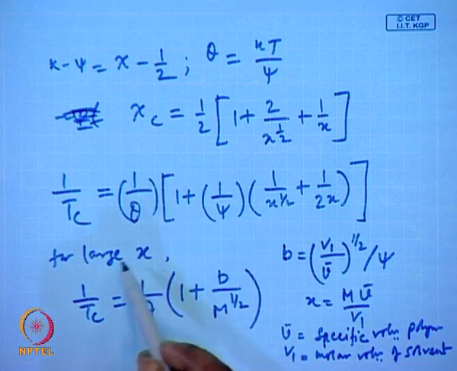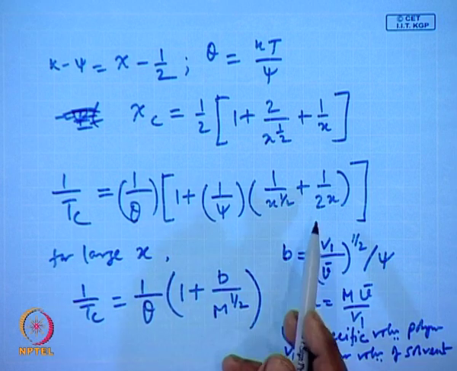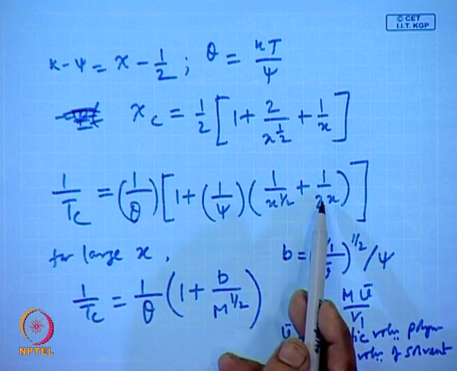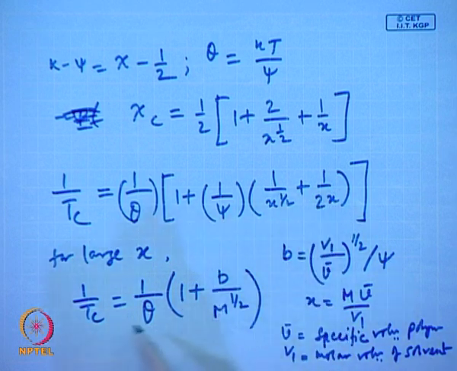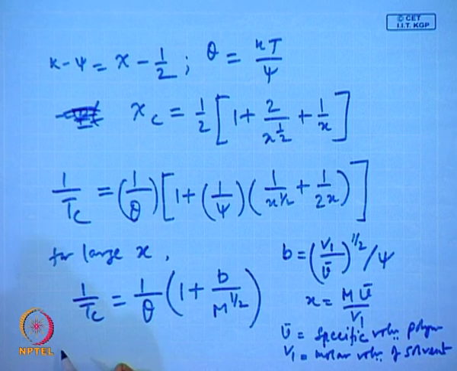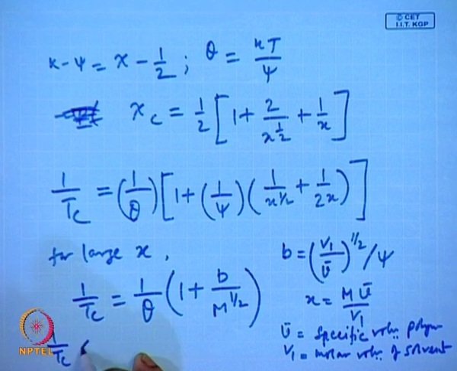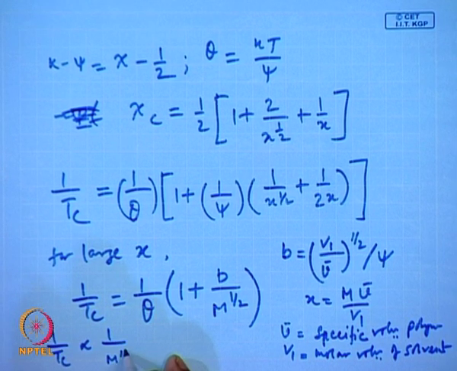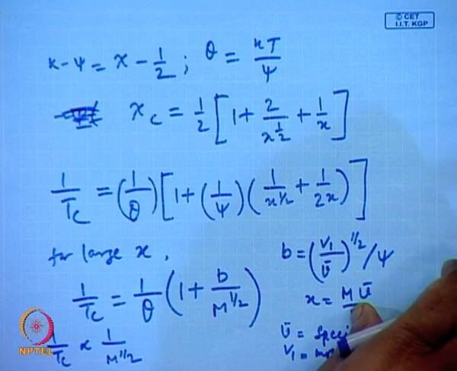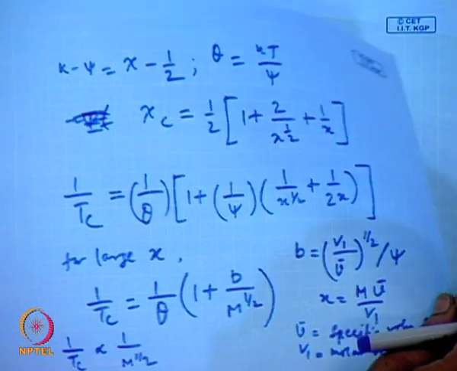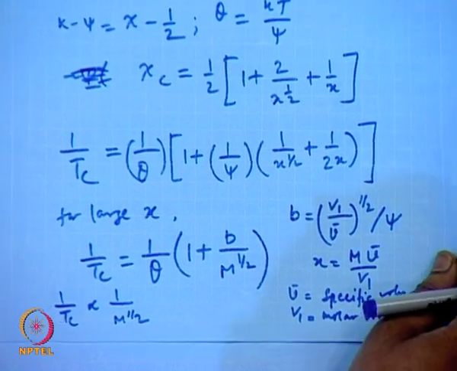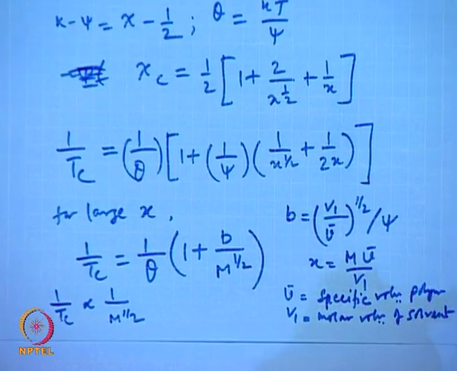So, for large x we can ignore this term. So, we can write this. Okay. So, which means that 1 by T c is proportional to 1 by m to the power half. That means the critical temperature is again like the critical composition.